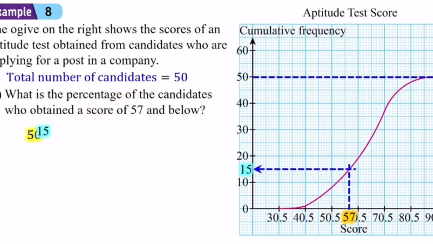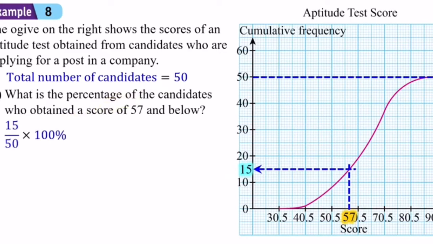So we will take 15 divided by the total, which is 50, and we will convert to a percentage by times 100%. We will call this the percentile. Alright, we times 100%, meaning that you convert back to percent to get the percentile.